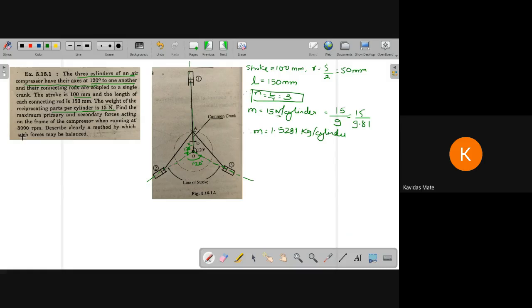What is required to be found is the maximum primary and secondary forces acting on the frame of the compressor. So they need to find FP and FS.